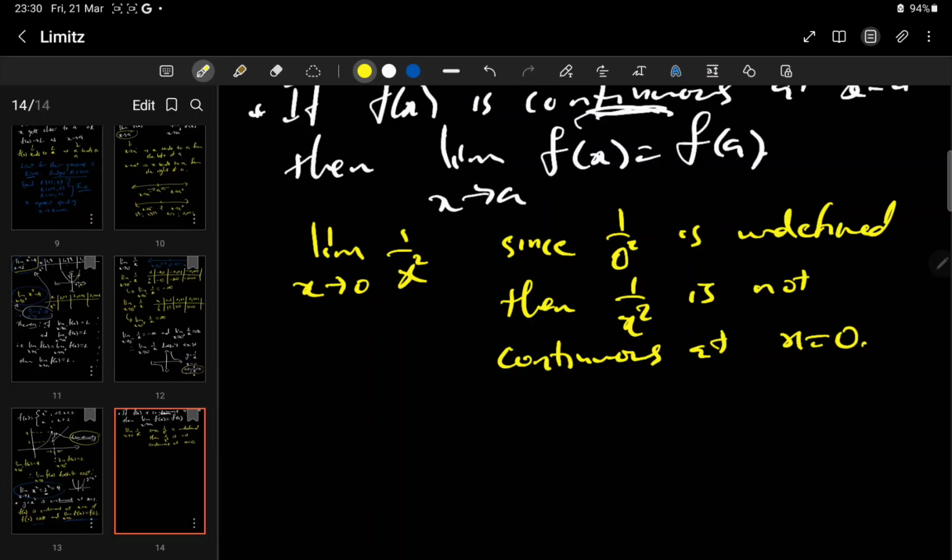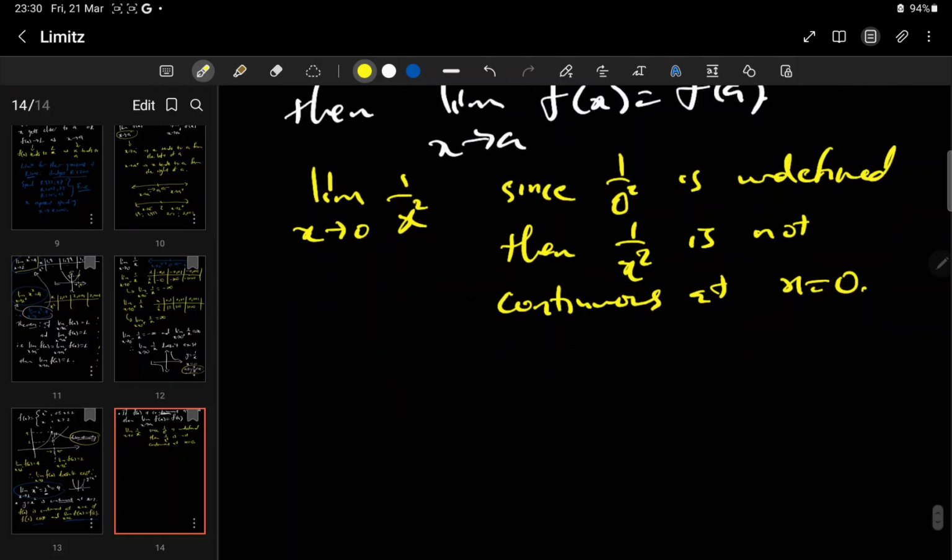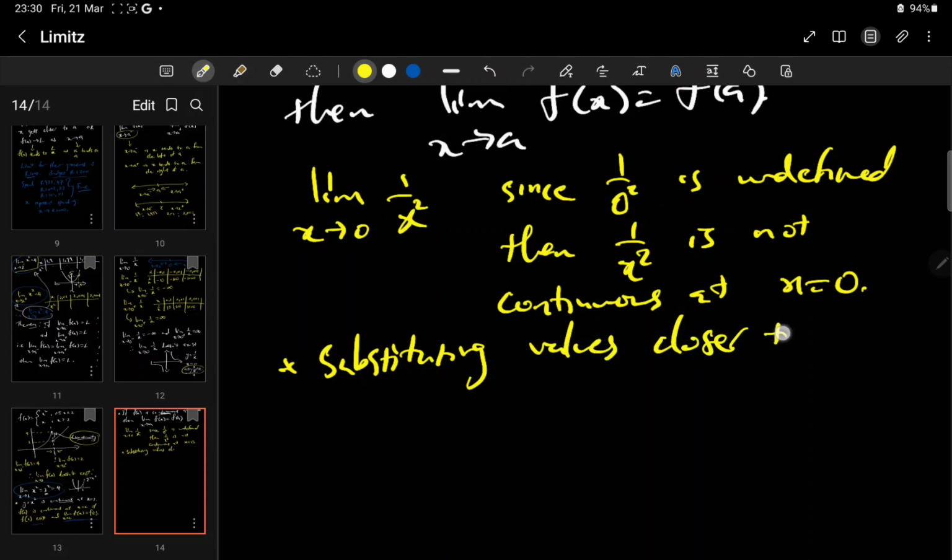What you have to do is check the left limit and the right limit. So you won't be substituting x to be equal to 0, but you'll be substituting values closer to 0.